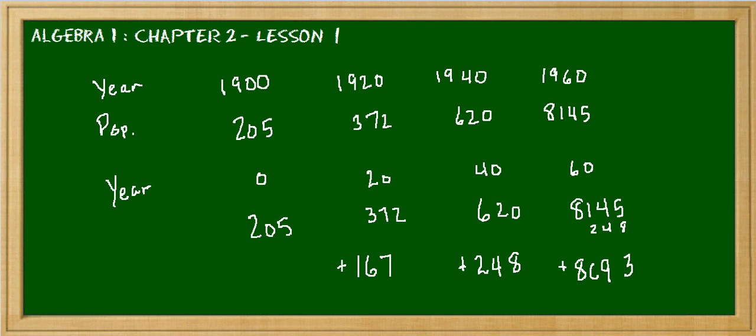It's 7,993, I believe. Actually, now that I look at this, it should be 7,800 because I did not subtract the 1 up here. This should have been 80. So it's 7,893, more or less, let's just say.